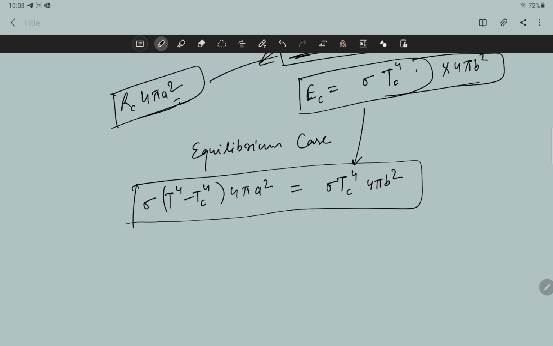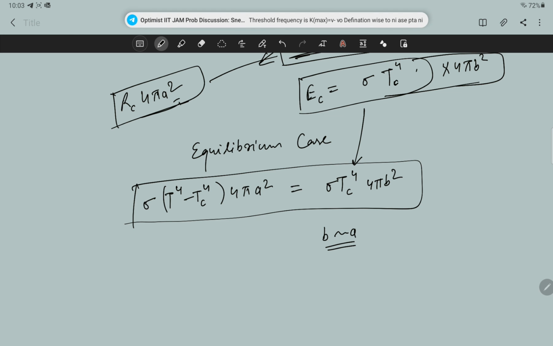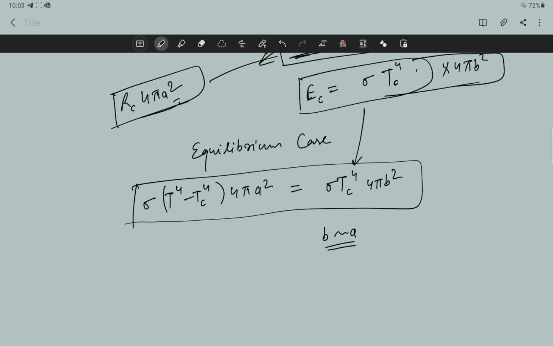But we have to use an approximation here, and the approximation is that b is very close to a, because stars are bigger and the clouds are small. We are treating the star as a spherical black body and the cloud as a spherical black body shell. So we are treating the shell as very thin.